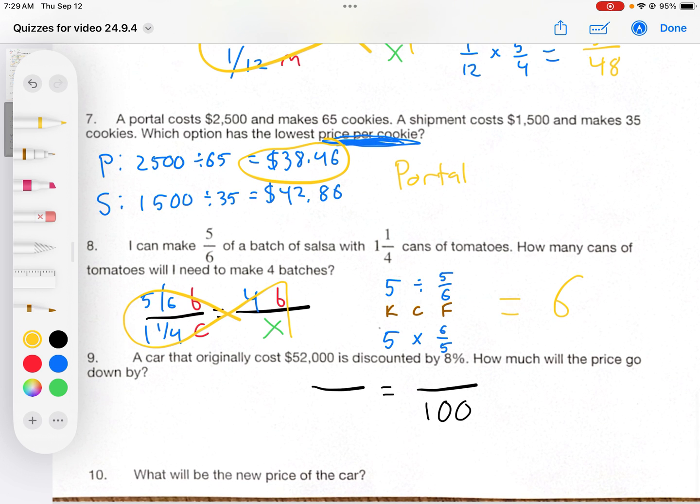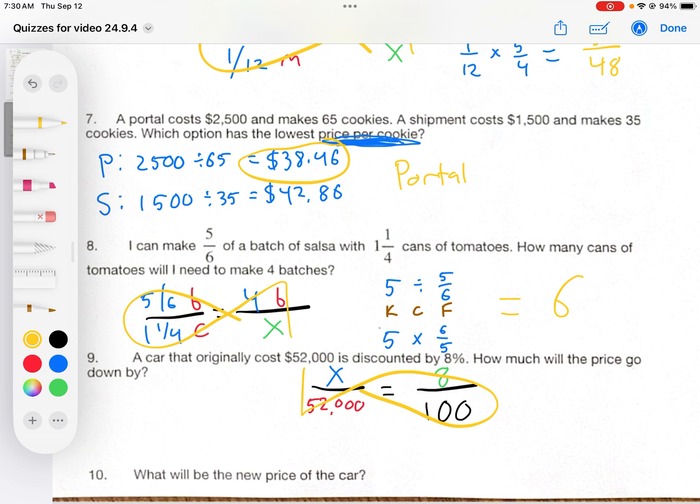Finally, 9 and 10 go together in the quiz, just like they did on the practice quiz. A car that originally cost $52,000 is discounted by 8%. How much will the price go down by? So basically, we're trying to figure out what is 8% of 52,000.